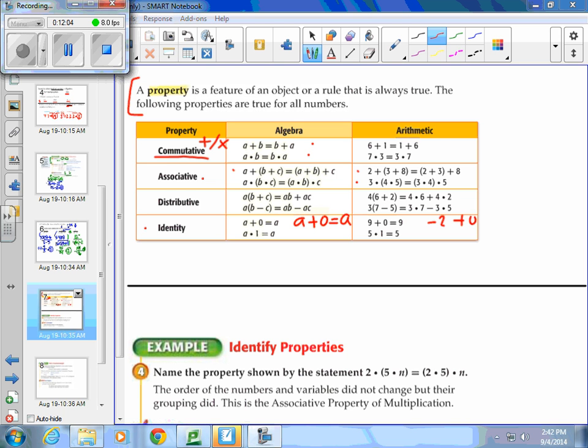Negative 2 plus 0 equals negative 2. 1 plus 0 equals 1. And then for multiplication, anything times 1 is itself. So we have a times 1 equals a. 4 times 1 equals 4, and so on.